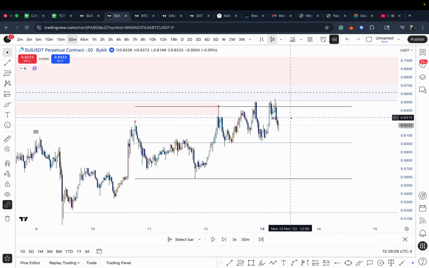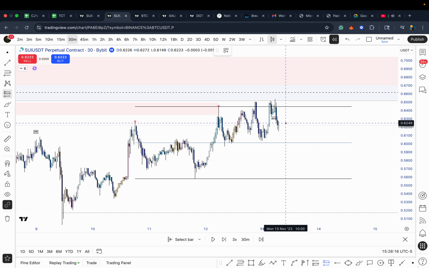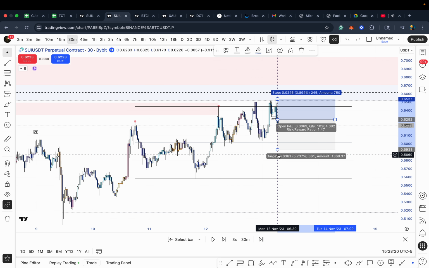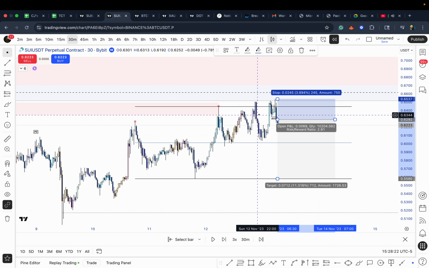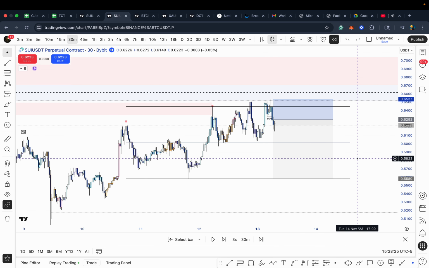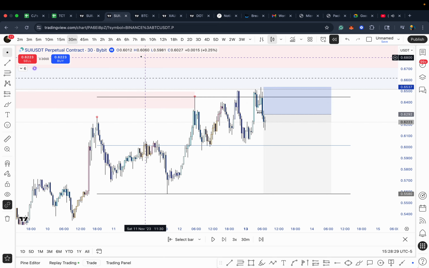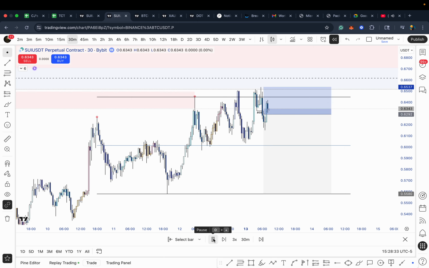So, this is an aggressive move up. If you take this break, and we had some guys take this break, which I think realistically is a valid entry, you're kind of still just taking our main liquidity point, but you can't validate it using structure, and it's not a valid TCT model at this time.